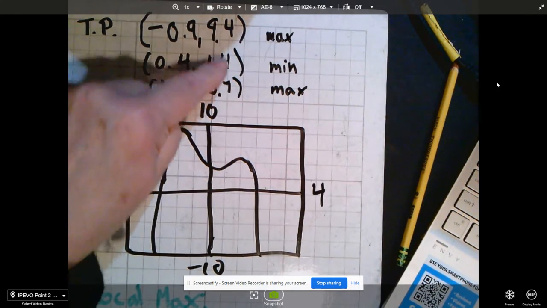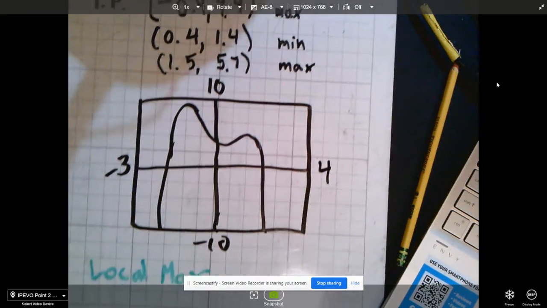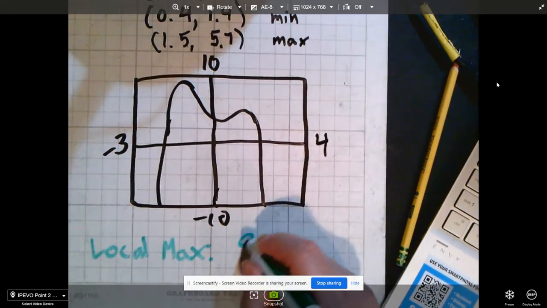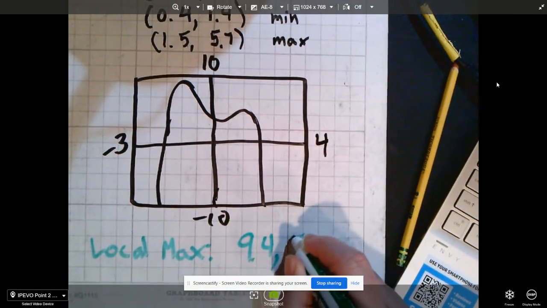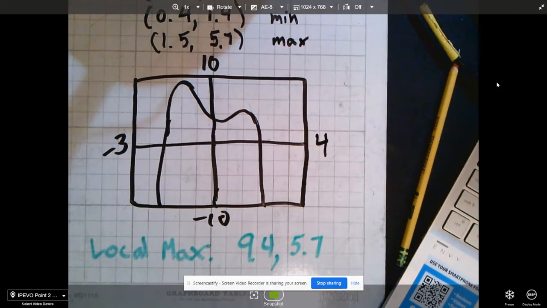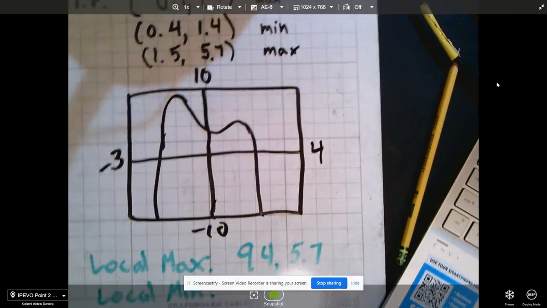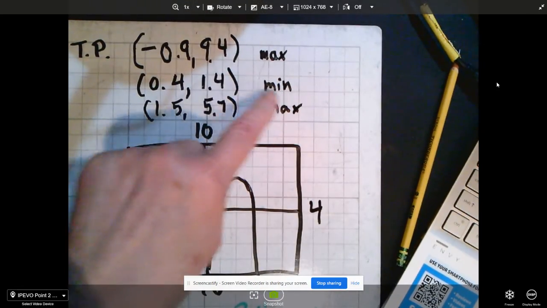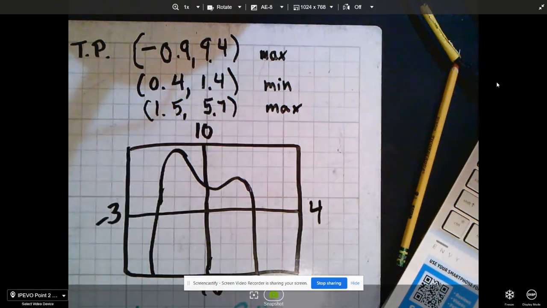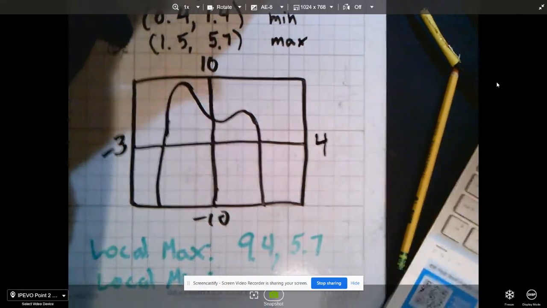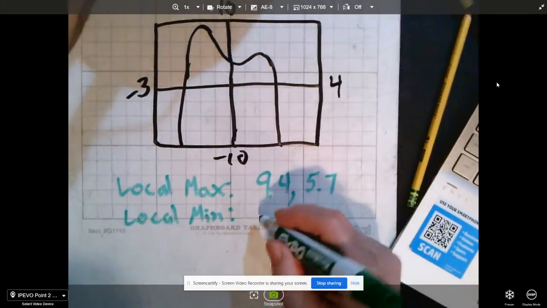The Y values are 9.4 and 5.7, so I'm just going to list those. And then my local min or my relative min, again, they are the same thing. Well, I only have 1 minimum and its Y value is 1.4. So this value here is just going to be 1.4.